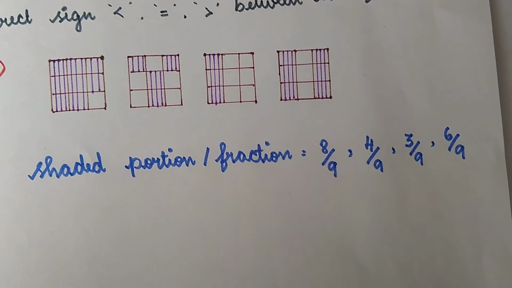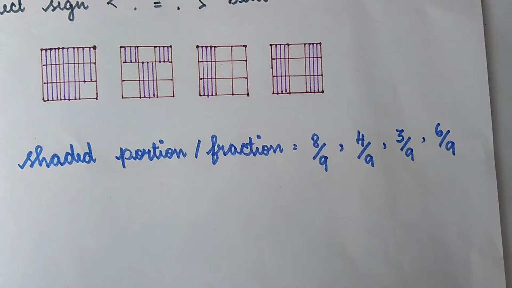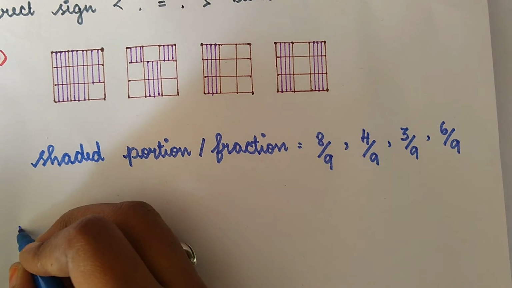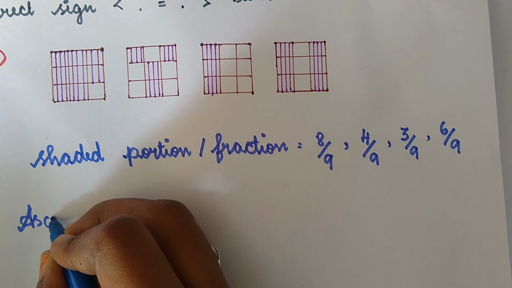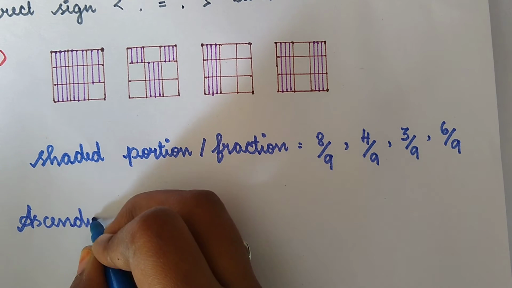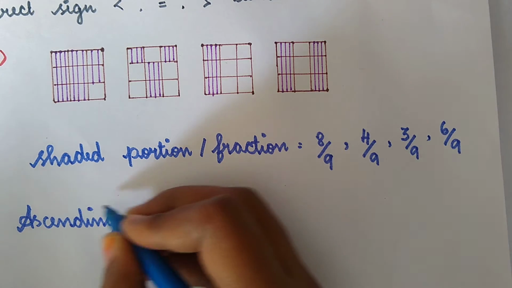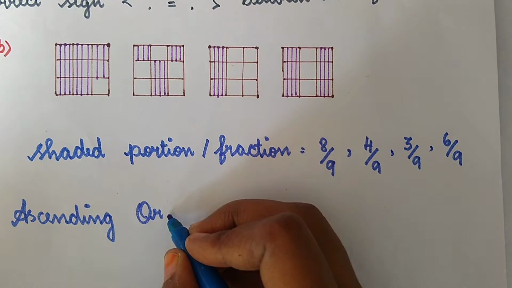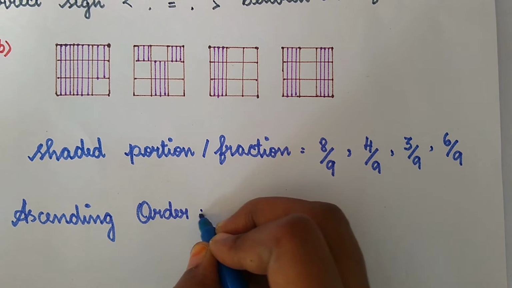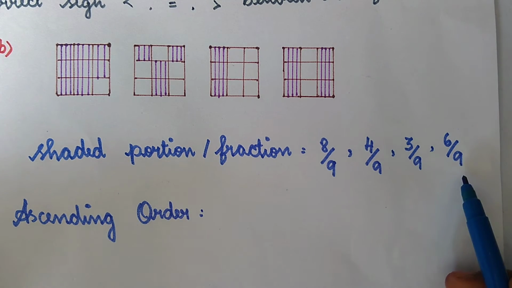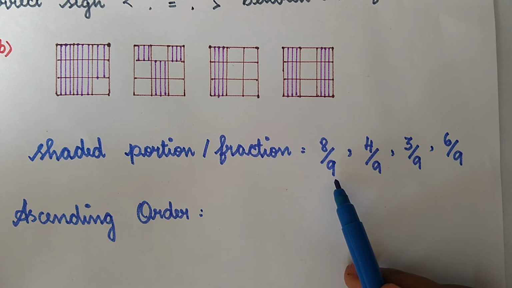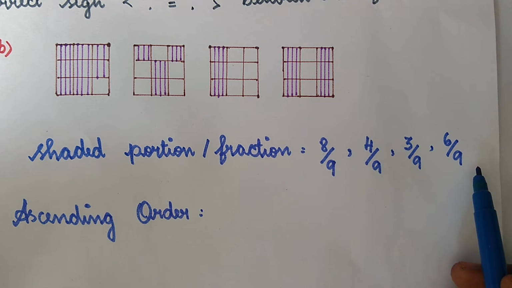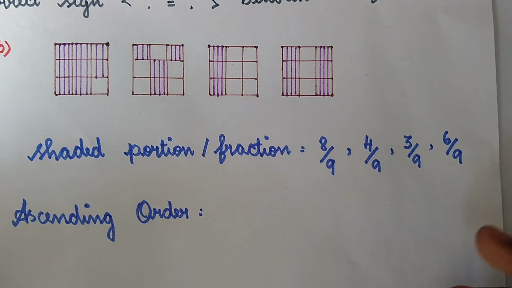First, we have to arrange them. Next, we have to arrange in ascending order. We have to check whether the denominators are the same or different. Here the denominator is the same, so it is a like fraction.